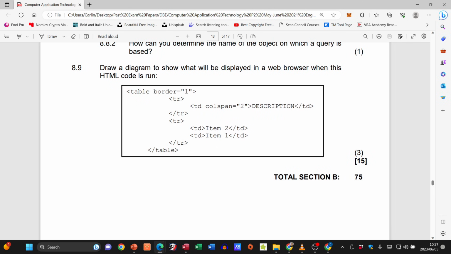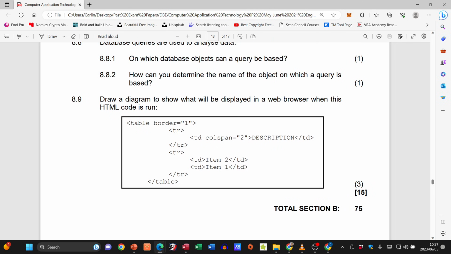Right, 8.9, as we finish off section B, draw a diagram to show what will be displayed in a web browser when this HTML code is run. Now, here we can see we've got a border. We've got one row, and that's where the row ends.